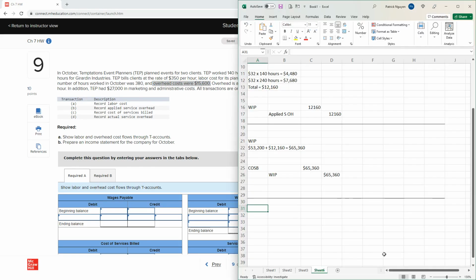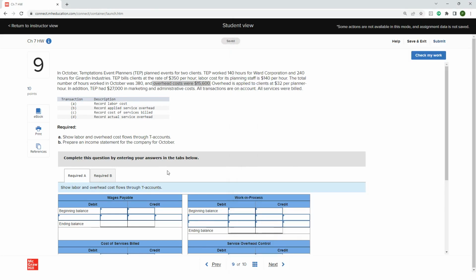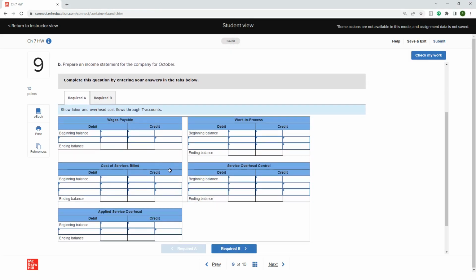Looking at the T accounts, it doesn't give us any hints either. It looks like in this case it's not going to matter, but just for the sake of completing our journal entry, let's assume that they paid cash for their overhead costs. So that'll be a credit to cash for $15,600.